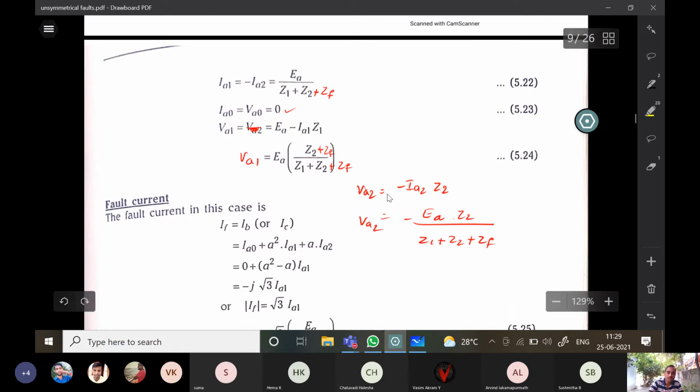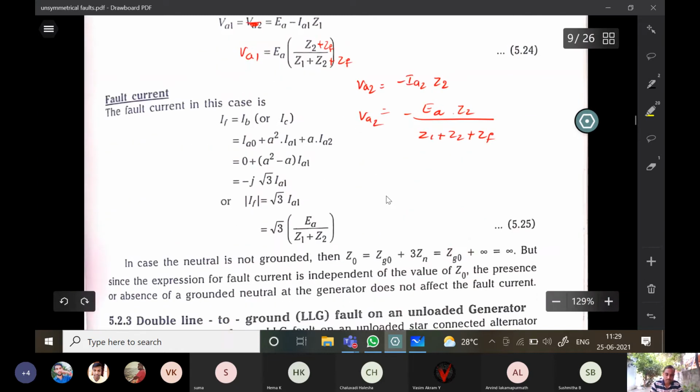Now we need to write the fault current. What is the fault current? IF is equal to IB. So take IB or IC. If you are using IC, I have to take it in the negative way. So IB is equal to IA0 plus A squared IA1 plus A into IA2. IA0 is 0 and the remaining term is (A squared minus A) into IA1.